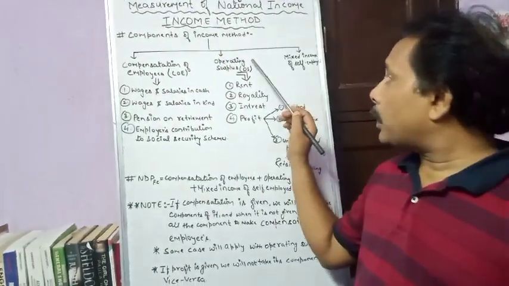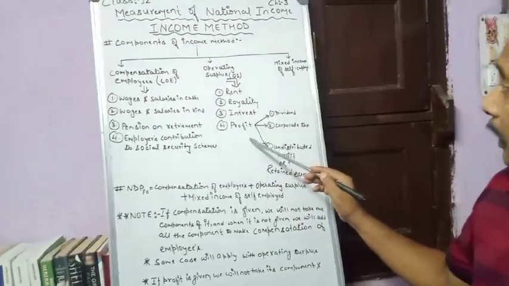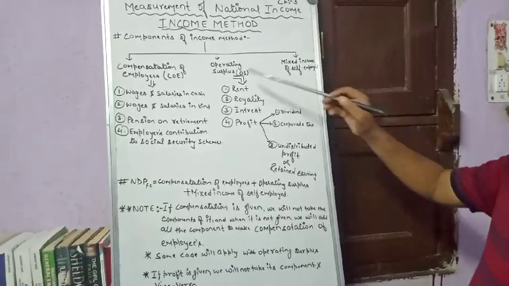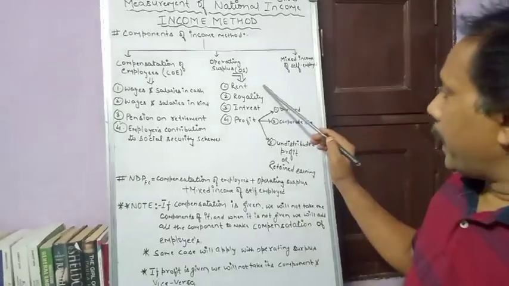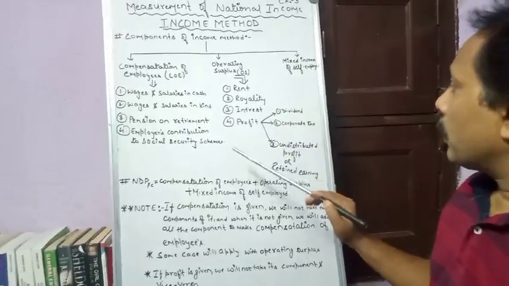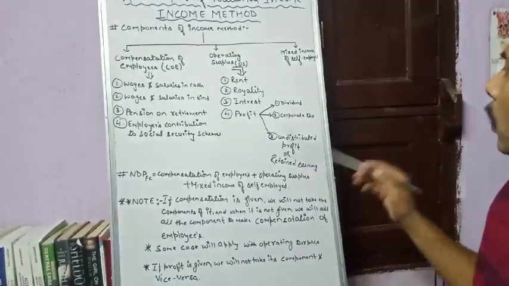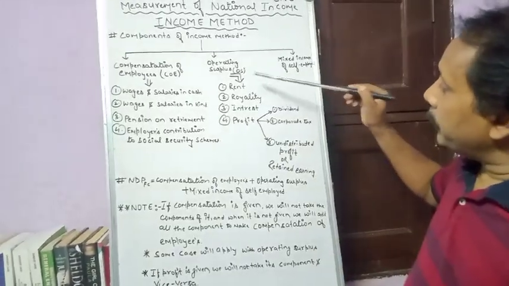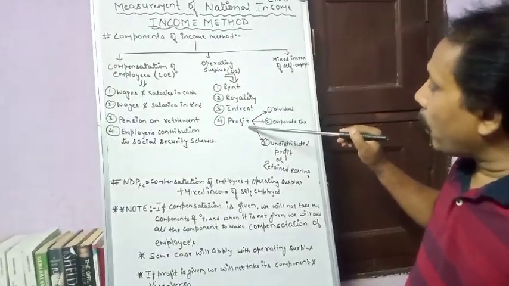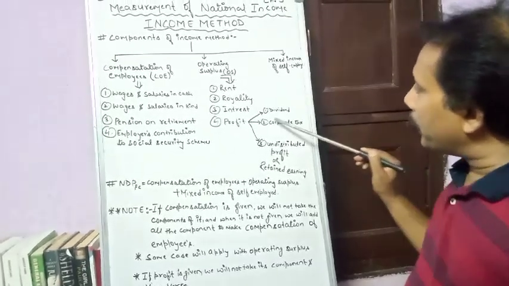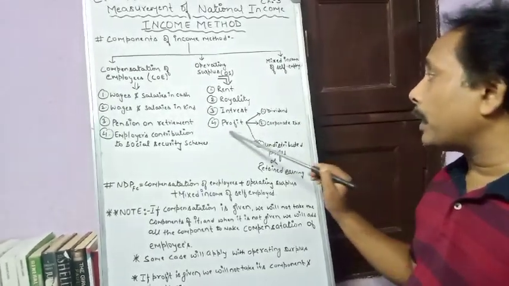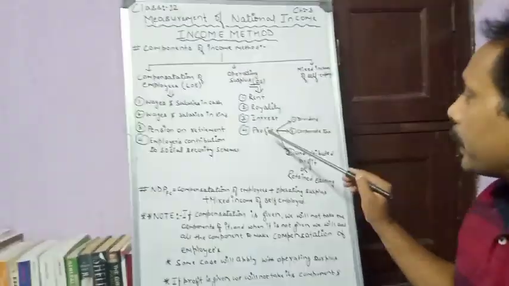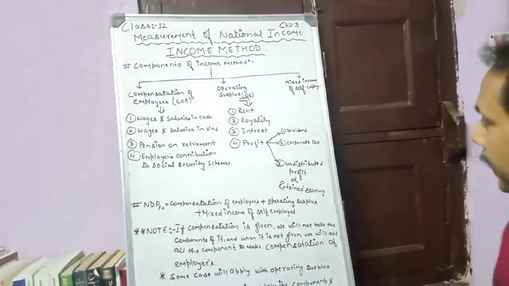Sometimes operating surplus is not given, but rent, royalty, interest, profit, and corporate tax are given. In this situation, we will take rent, royalty, interest, profit, and we will not touch the corporate tax, because it is part of profit. Profit we have already taken, so corporate tax is already included in it.